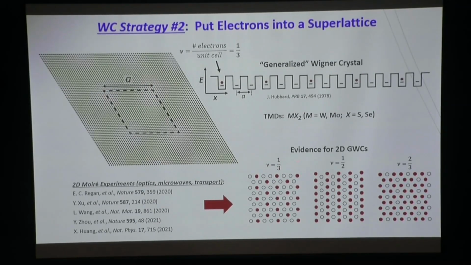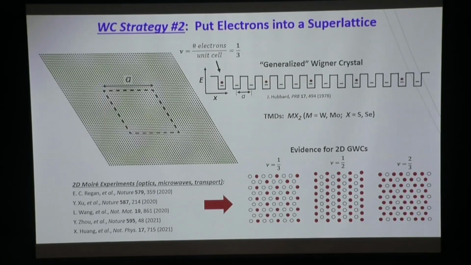And so for the generalized Wigner crystal at nu equals 1/3 on a triangular lattice, you expect this. The red dots are the electrons, the open circles are the empty sites, and this is the pattern that minimizes Coulomb repulsion. For nu equals 1/2, 1 electron for every 2 unit cells, you expect stripes. For nu equals 2/3, you expect a honeycomb pattern. So these are the Wigner crystals you would expect.